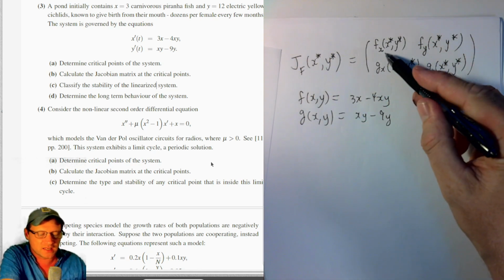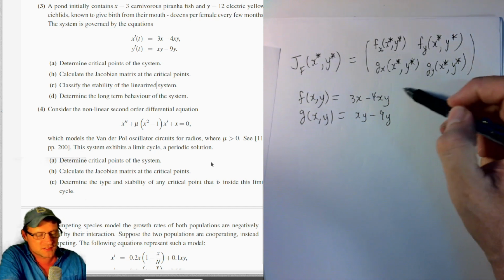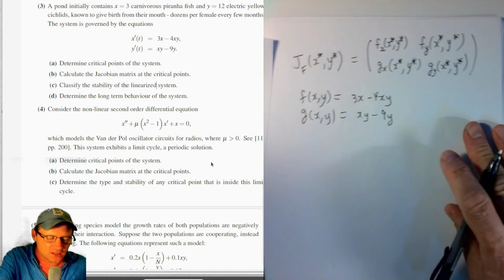We are taking partial derivatives with respect to x and with respect to y for each of these functions respectively.